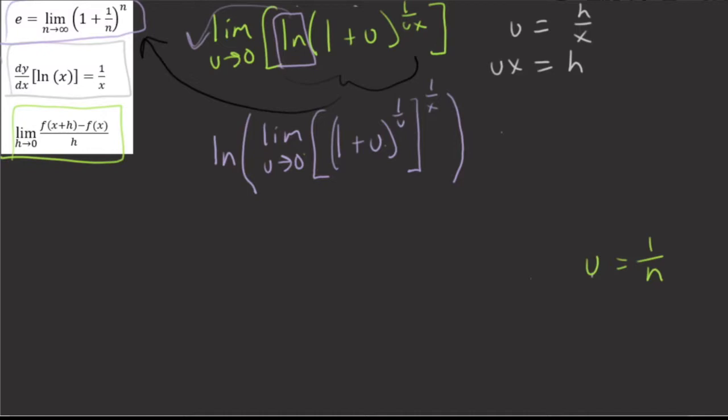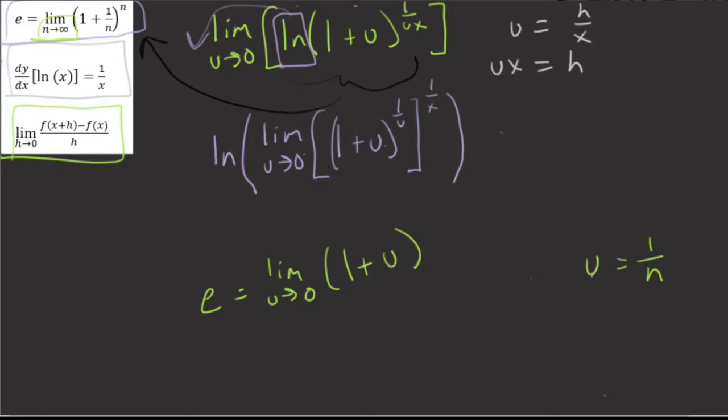In doing so, when n is approaching infinity in the definition of e, I'm referring to the top left, then u, which is 1 over n, approaches 0. So we can rewrite the definition of e as e equals the limit as u approaches 0 of 1 plus u.